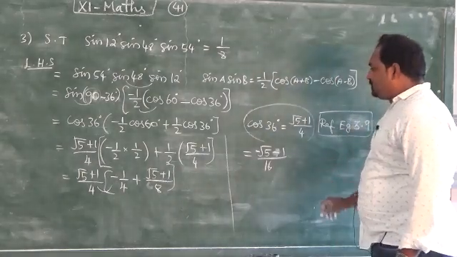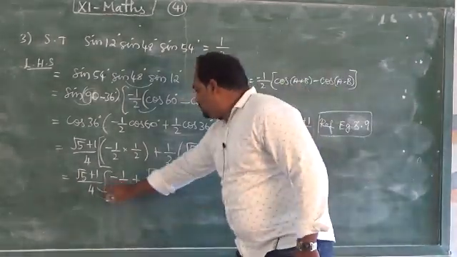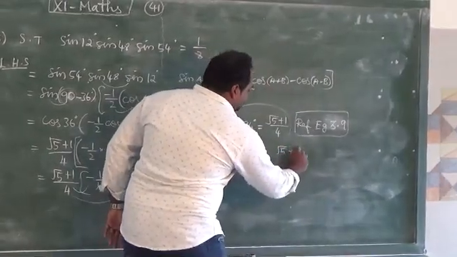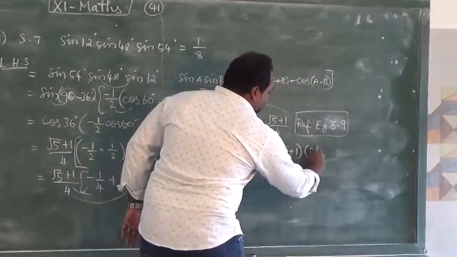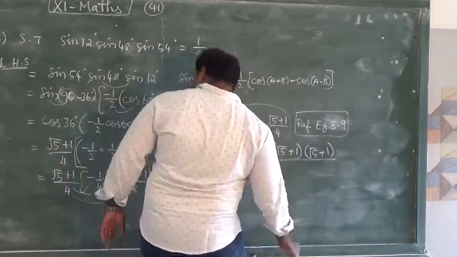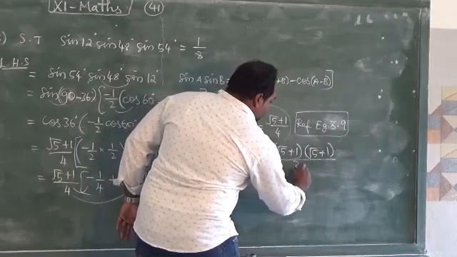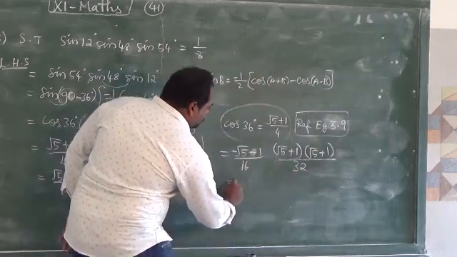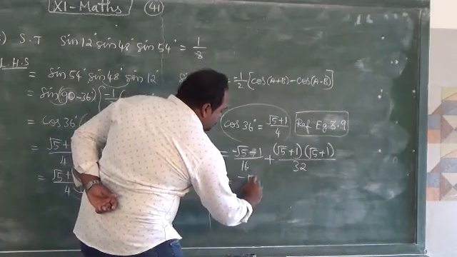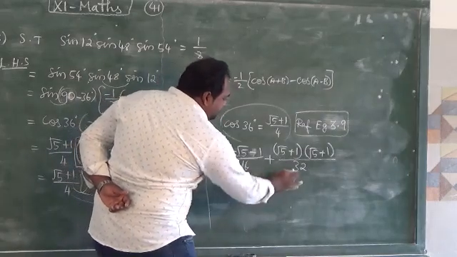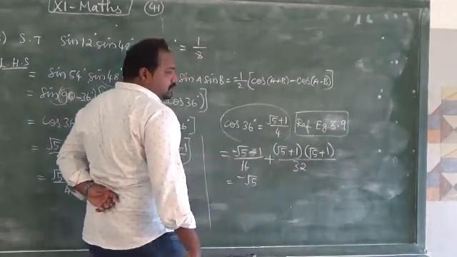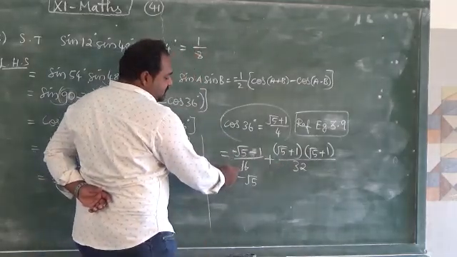Then if you multiply this inside, this is (root 5 plus 1) into (root 5 plus 1), whole divided by 4 into 8, 32. Now here we have a plus, and minus root 5. Here we need a common denominator. The common denominator maximum is 32.